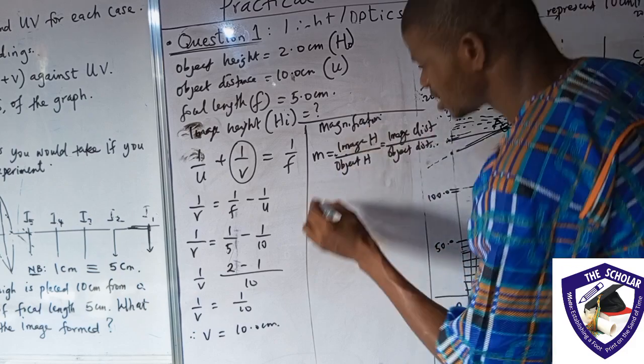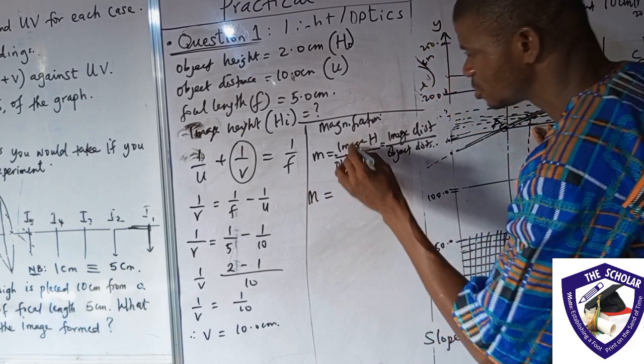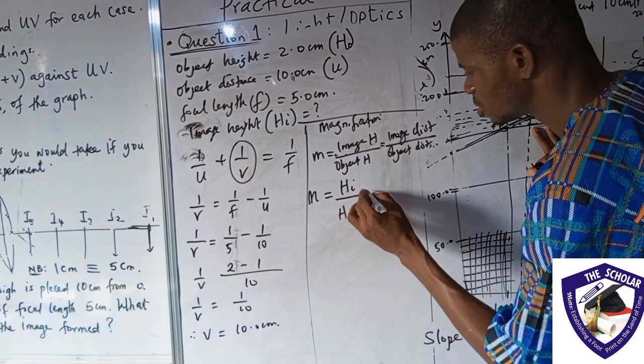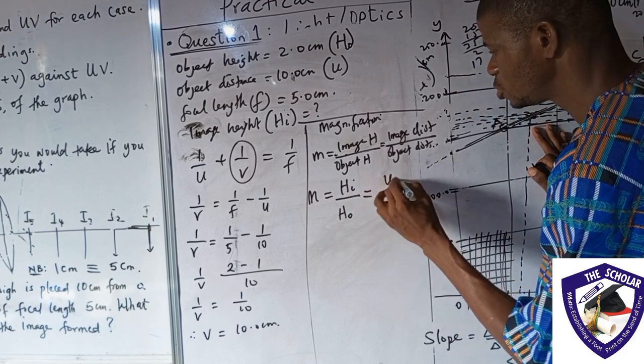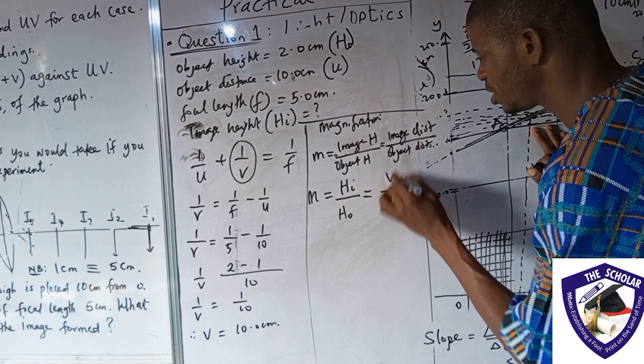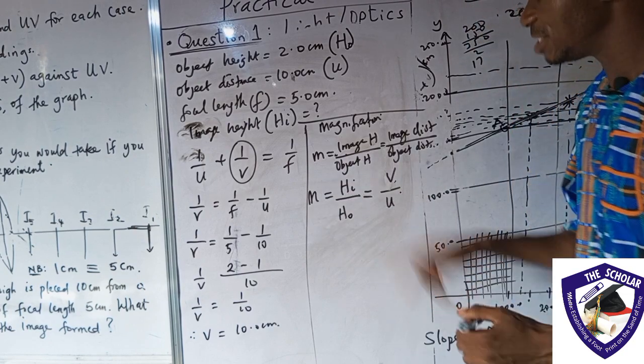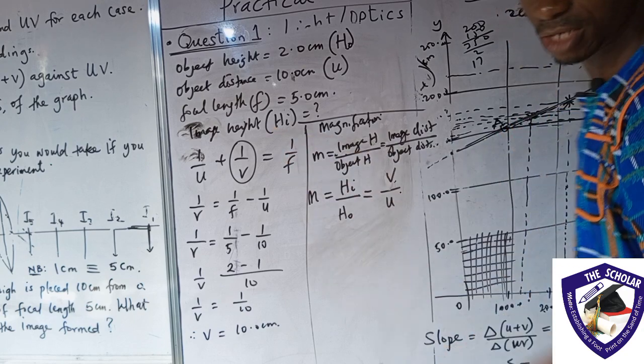So if I follow that trend, that means my M is equals to HI over H naught, which is also equals to V over U. So this is the ratio you are going to use to get the HI, which is the image height you have to find.